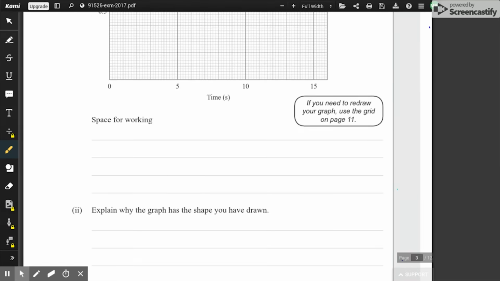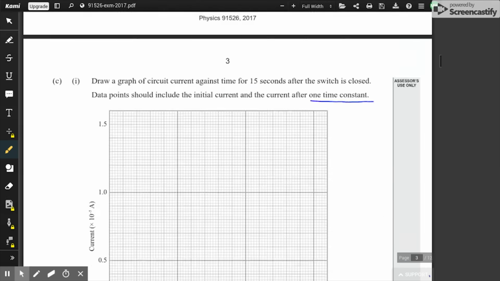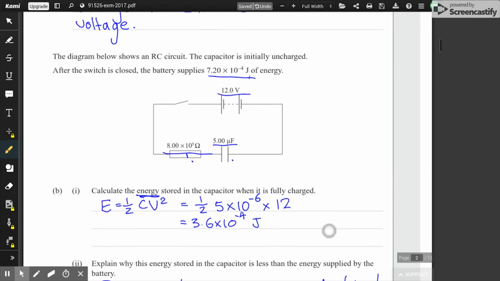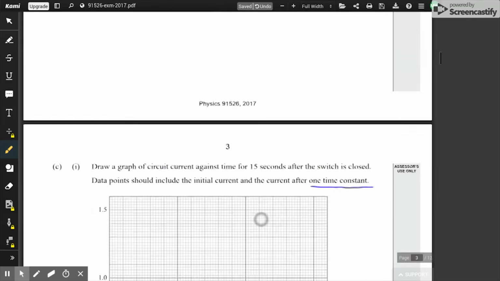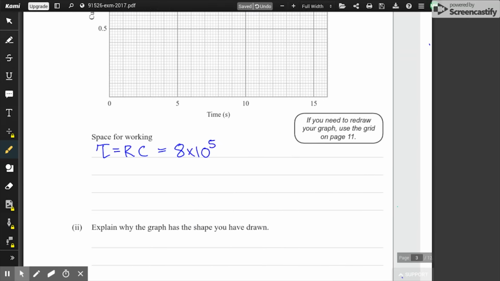And on your formula sheet, you will find the equation that the time constant is equal to RC. We know both, we're given it in the above diagram here. 8 times 10 to the 5 our resistance, and 5 microfarads, or 5 times 10 to the minus 6. So let's write that. Which gives me 4 seconds.